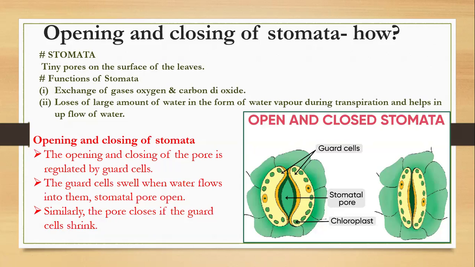So the very important thing is the gaseous exchange of oxygen and carbon dioxide: how is the gaseous exchange taking place? Through opening and closing of stomata, isn't it? Yes. So the closing and opening of stomata is very essential throughout the process of photosynthesis. So first thing is, what is a stomata? Stomata are the tiny pores on the surface of the leaf.